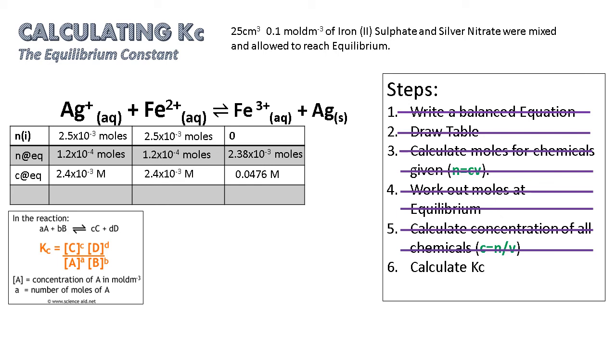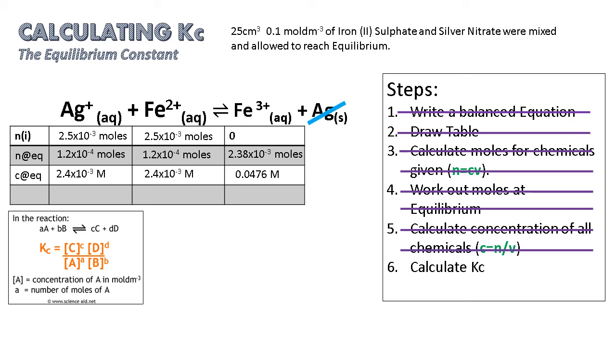So now we must calculate Kc. In order to do this, we use the Kc formula, which is shown here, where we do the products divided by the reactants. We must discard any solids because we don't use them in the Kc calculation.